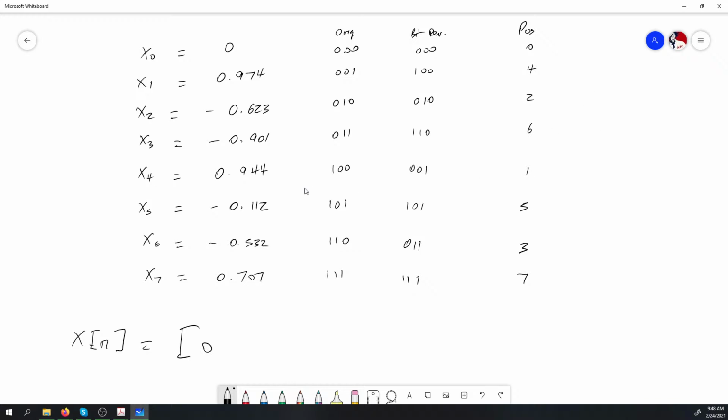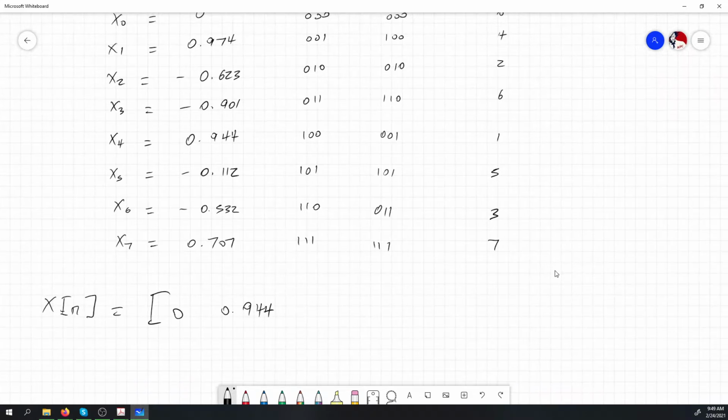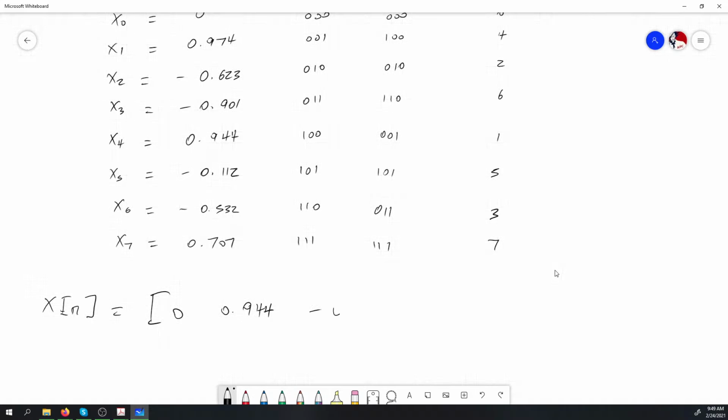Then we look for 1 here, so that's going to be 0.944. We look for 2, which is negative 0.623. We then look for 3 here, which is negative 0.532. We look for position 4, which is 0.974.